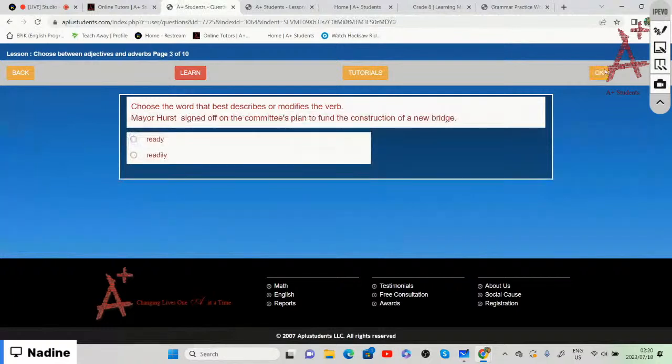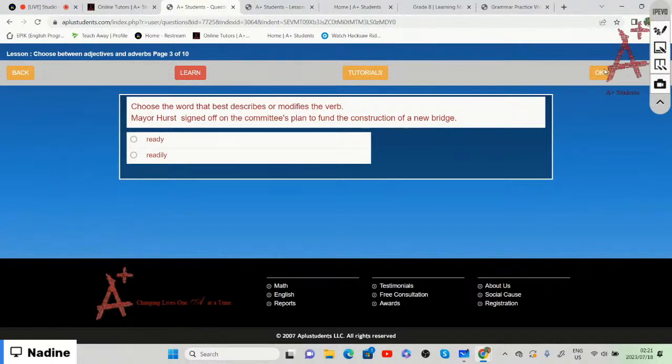Mayor Hurst has already signed off on the committee's plan to fund the construction of a new bridge. We need to choose between ready or readily, and we need to choose the word that best describes or modifies the verb. Ready signed off, or readily signed off on the committee's plan to fund the construction of a new bridge.